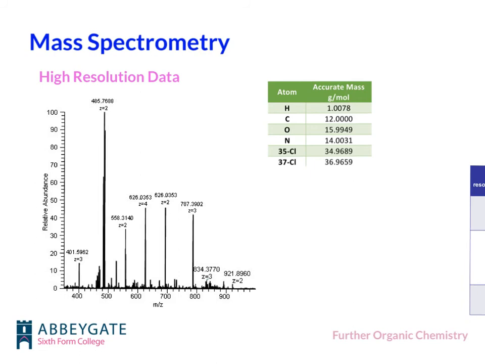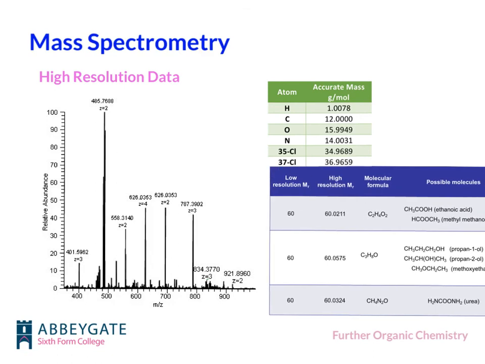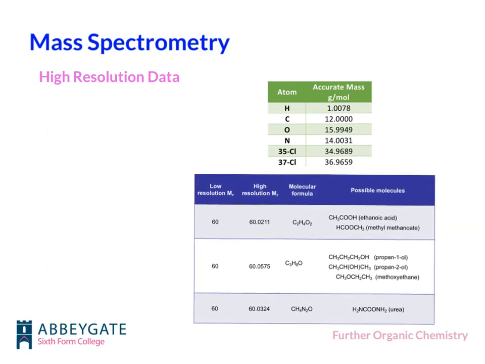So if I move this ever so slightly, we can look at a table showing the accurate MR to 4 decimal places of some different options of molecules, which on the low resolution spectrum would all show up as having a molecular mass of 60. But once we work them out, taking into account the accurate mass of the different atoms, we can add up what the high resolution MR would be.